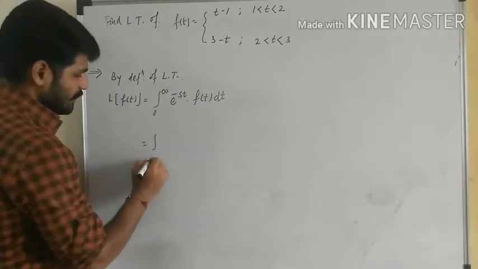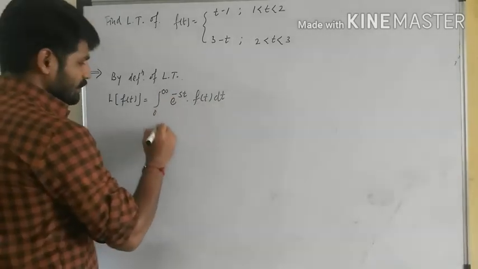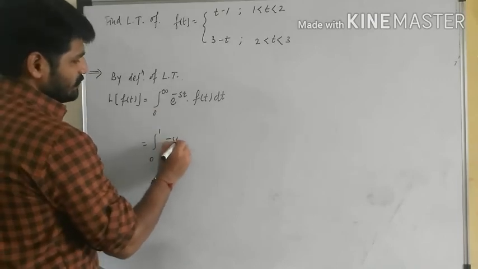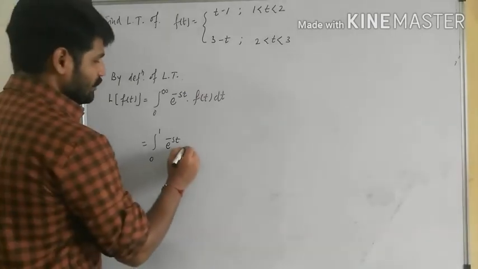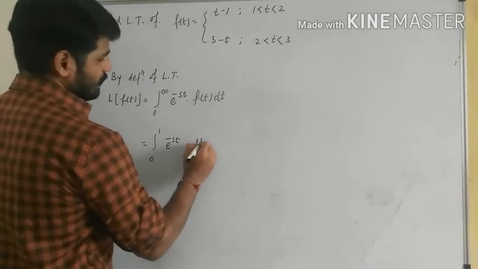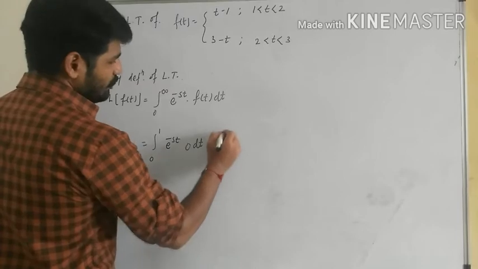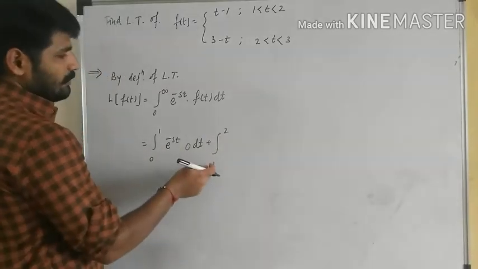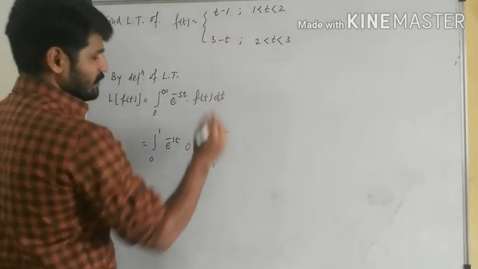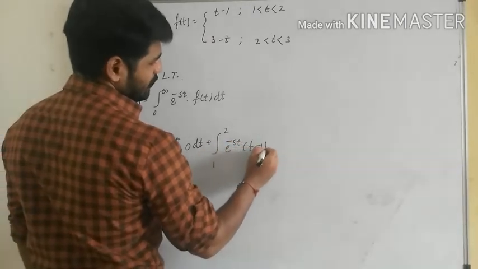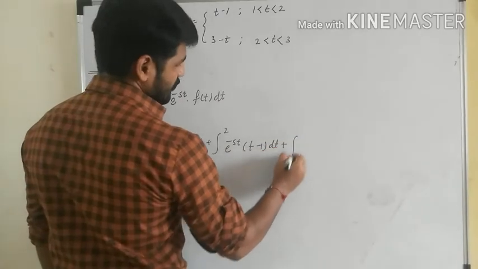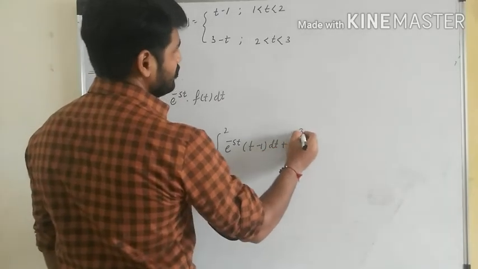Now here we can write 0 to 1 e raised to minus st, but in the interval 0 to 1 there is no function defined, so we take this 0 into dt, plus the next interval 1 to 2. In the interval 1 to 2 the function is defined as t minus 1, so e raised to minus st as it is into t minus 1 dt, plus the next interval is 2 to 3.